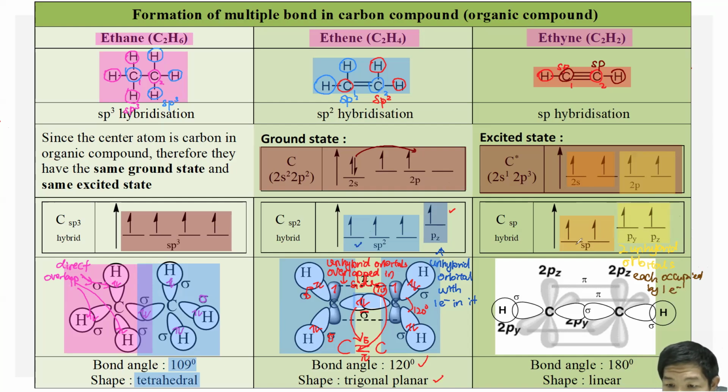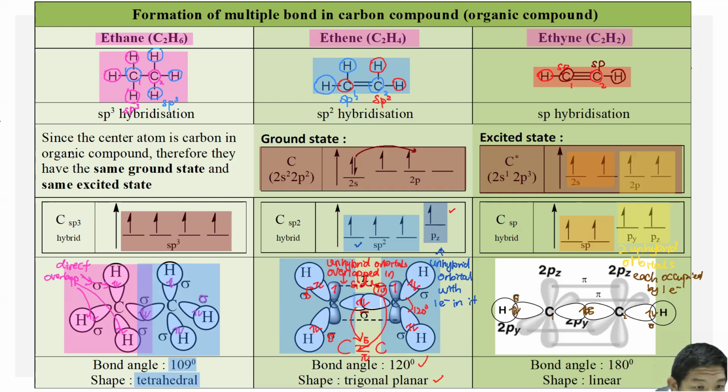Okay. So let's talk about the direct overlapping. The ones that form the direct overlapping will eventually form the sigma bond here. This one will also form a direct sigma bond. Whereas the second carbon, C2, is already sharing with one C, and then it shares with another H to form a direct overlap. Then, if you notice carefully, here you have two unhybridized orbitals, py and pz.